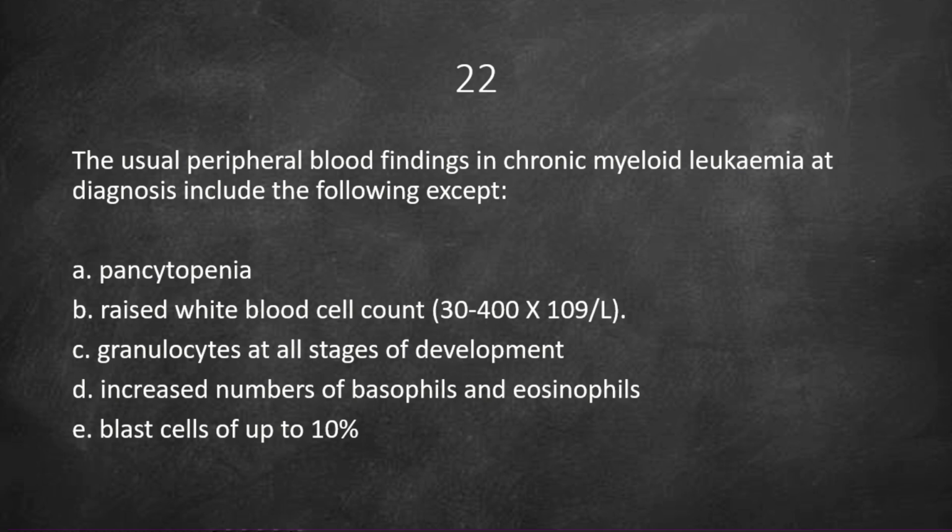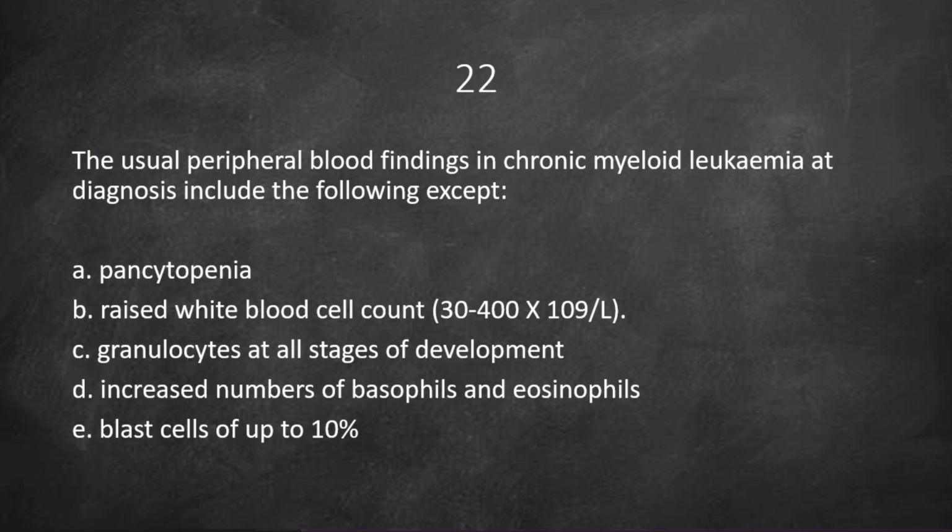So it's obvious. In chronic myeloid leukemia, we are expecting most of the cells to be in large numbers. So all these conditions will actually happen except pancytopenia, which says that there will be a reduction in the red cells, the white cells and the platelets, which is in contrast to the condition.